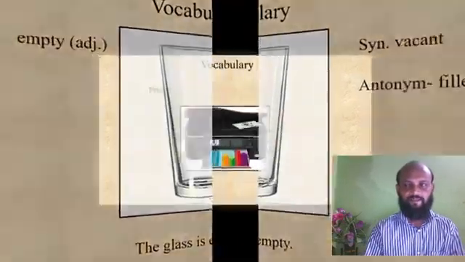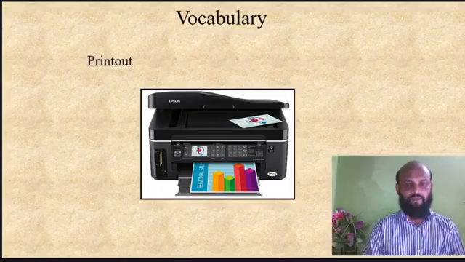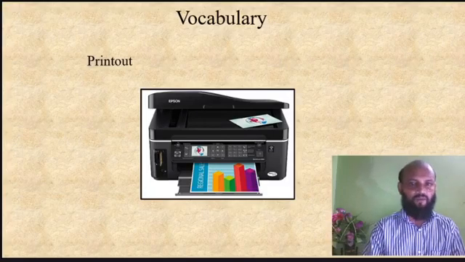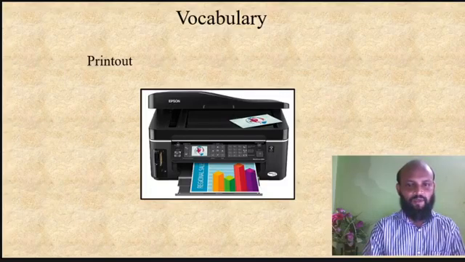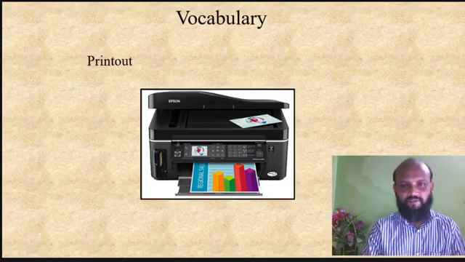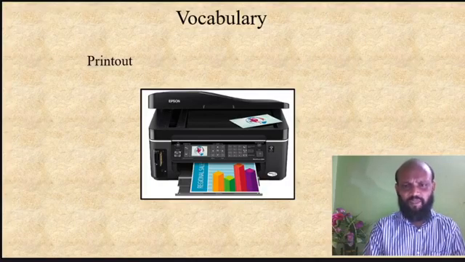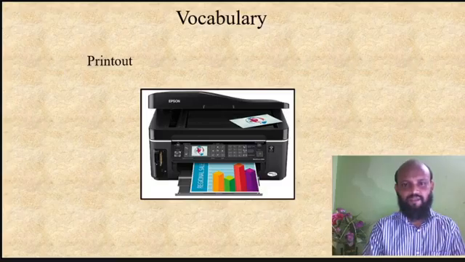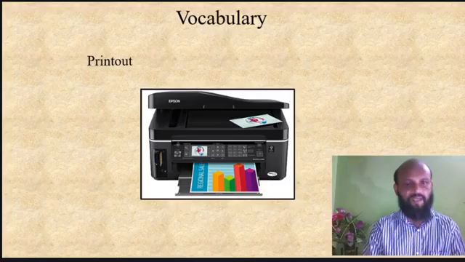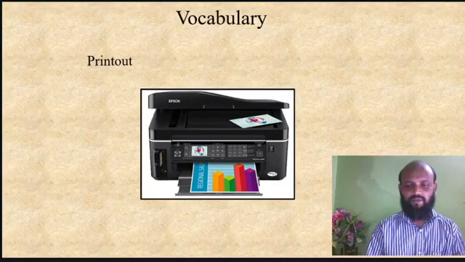Our next word is printout. This is a very familiar word to you. In the picture, a paper is being printed from a printer. Something that you print from a printer is called a printout.